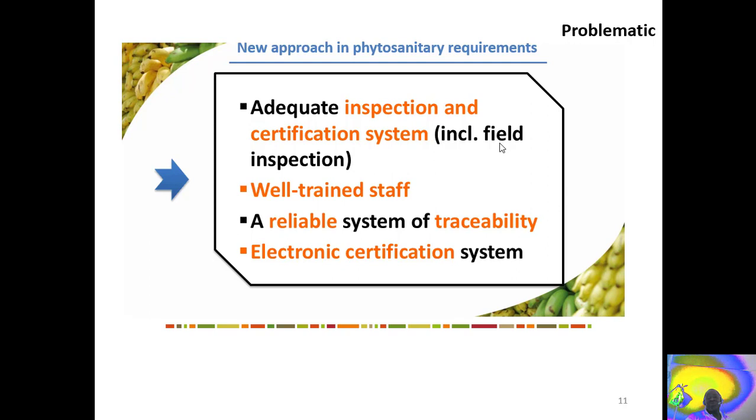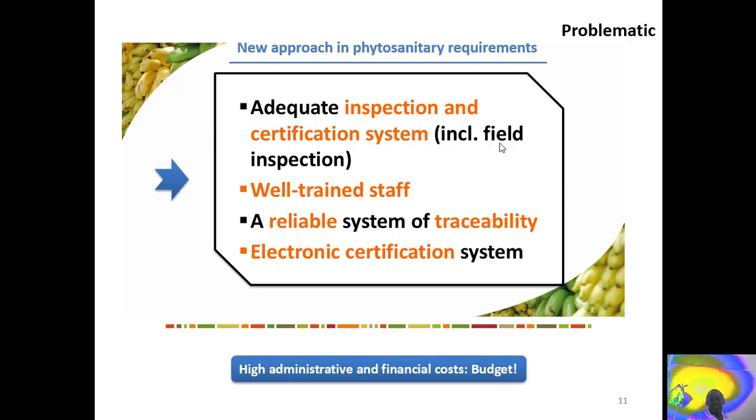And for that to happen, we need very well trained staff for the NPPO as well as for the private sector. We also need a reliable system for traceability. And we also have to keep in mind that electronic certification is a trend that is maybe gaining the whole world.